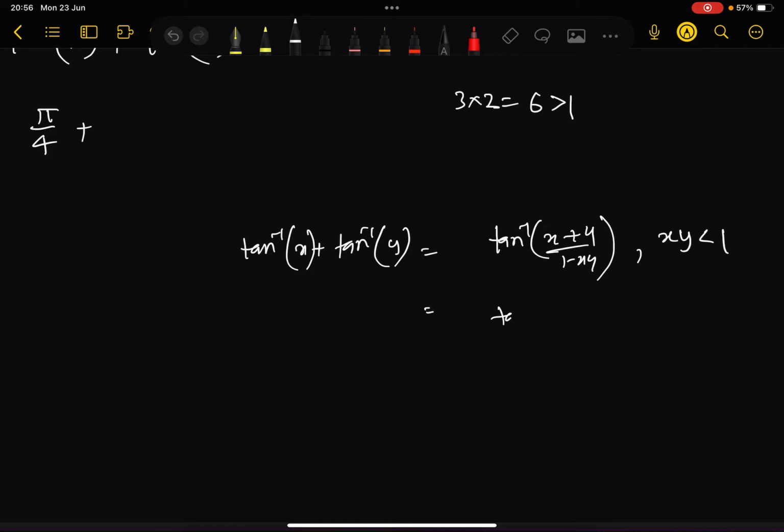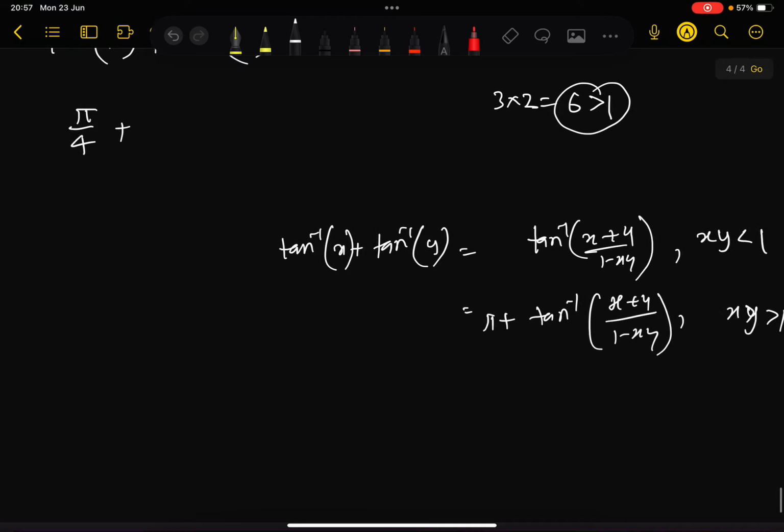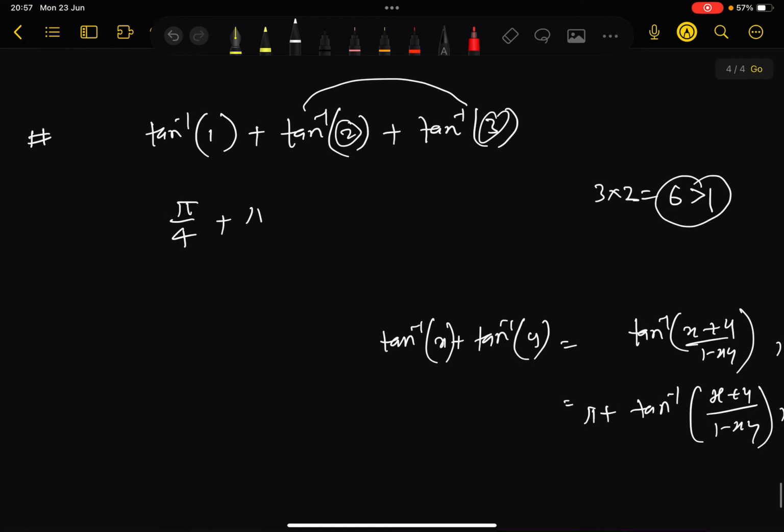Here you will get the formula as pi plus tan inverse of (x plus y) upon (1 minus xy) if xy is greater than 1. Clearly xy is greater than 1 here, so we use this formula. That is pi plus tan inverse of (2 plus 3) divided by (1 minus 2 into 3).